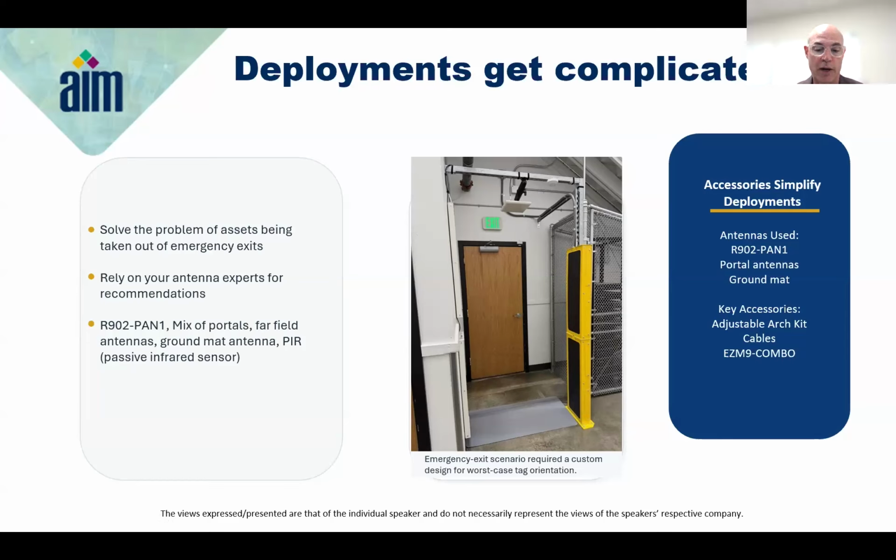So in order to eliminate the possibility of creating a potential security event and flagging someone for potential theft, our system integrator put together this custom built passive infrared sensor so that the reader would only be triggered when someone was passing through the read zone. As soon as they passed through the read zone, it would shut the reader back off. The point being, sometimes you have to get really creative in these deployments to make it work the way you need it to. Yeah, and that's where we really shine.